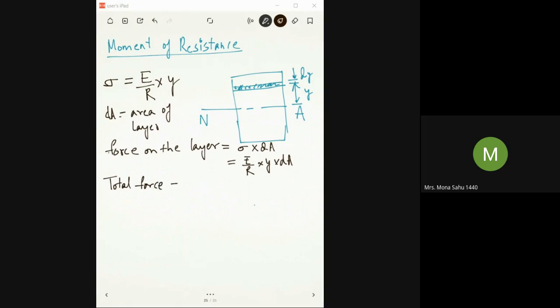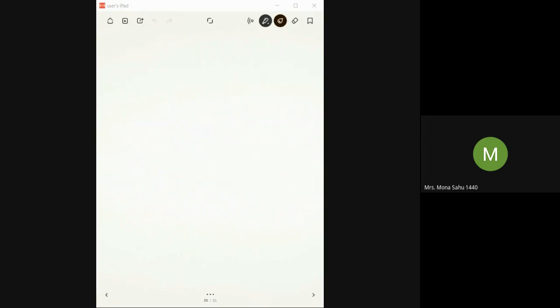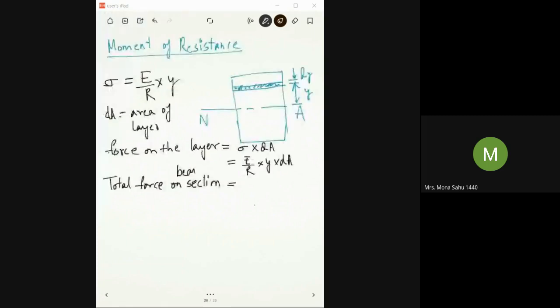So the total force on the beam section, you can just write this down for 1 mark, you'll just have to integrate this. Take the constant outside.